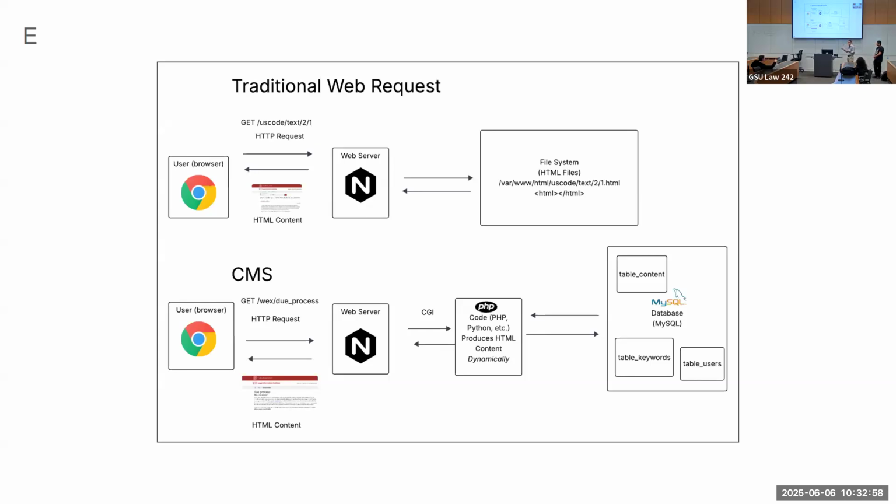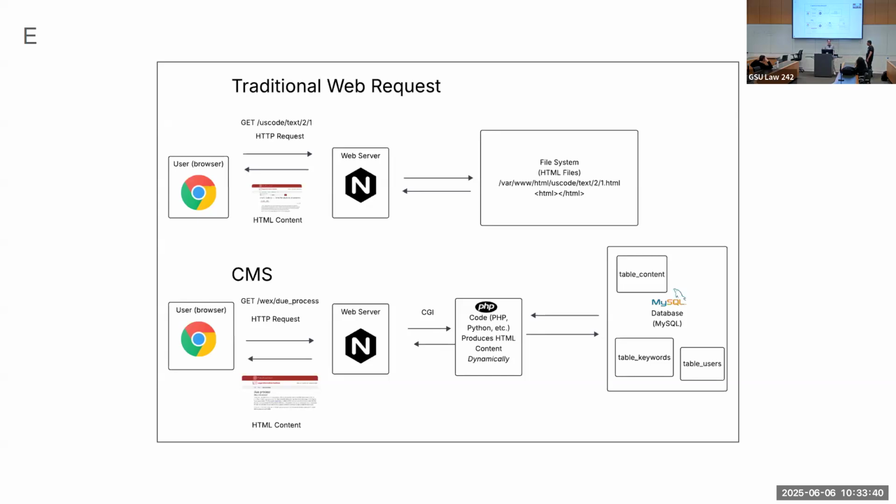The idea is the web server passes the request to some code, and the code can then generate the HTML content dynamically. So a little bit different. You don't have to have just an HTML file matching the request. The PHP code can build the HTML dynamically from a database like MySQL. That's what we have going on here with the CMS, which is written in PHP. It returns the content after building it dynamically, and it serves HTML content back to the client.